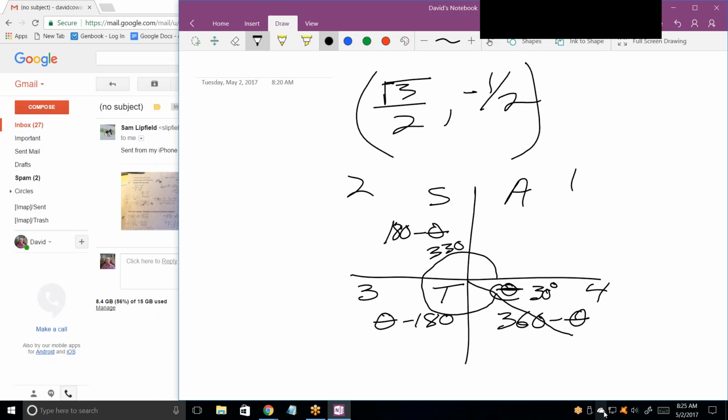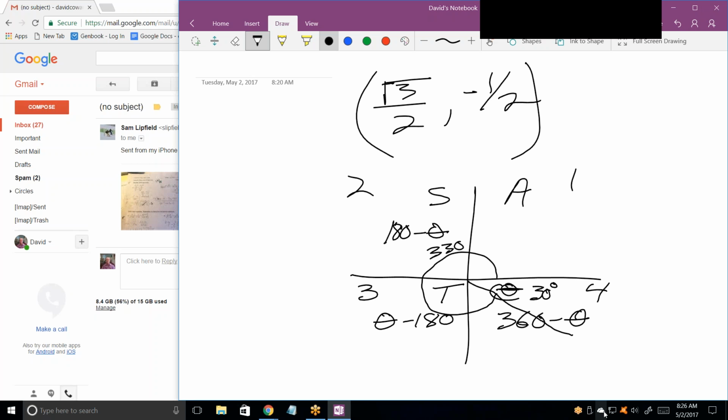Since we were working with the reference angle, we didn't know how to really find the cosine of 330. We do, but you'd have to take it back to a 30-degree reference angle anyway. But it's always best to work with that reference angle, because that's an acute angle less than 90 degrees, no matter which quadrant you're in.